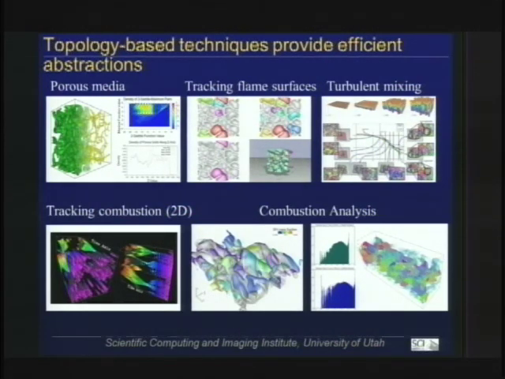And this is where topology-based techniques are proving to be very useful, because you can take something like a simulated porous material and start asking, how many loops are there in this material? How many times do I have to cut it to break it into two pieces? And by using parts of the Morse-Smale complex, which is just a graph structure, you can answer these questions.